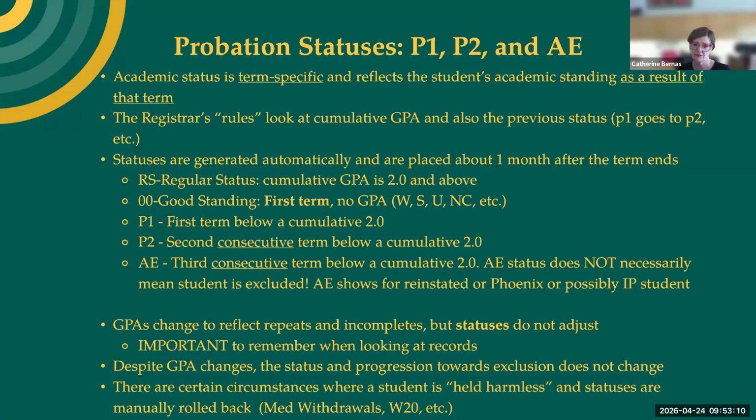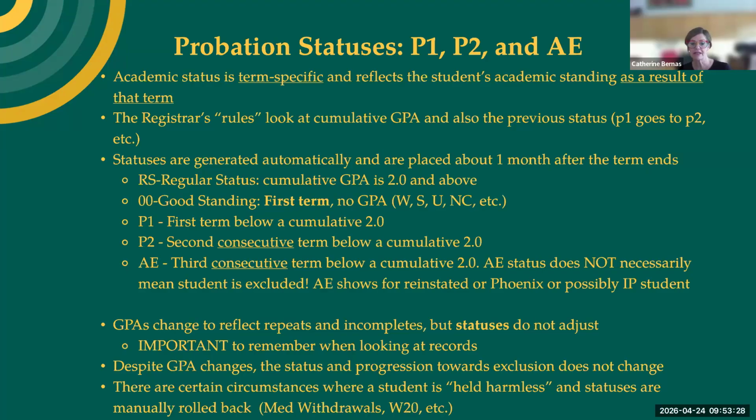Regular status is pretty straightforward. RS, regular status, students with a GPA 2.0 or above will have that status applied. And many students just stay regular status the whole time. You might see good standing, a 0-0 good standing.